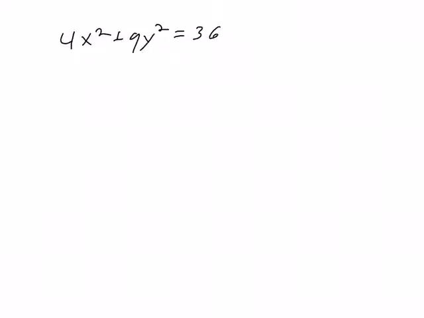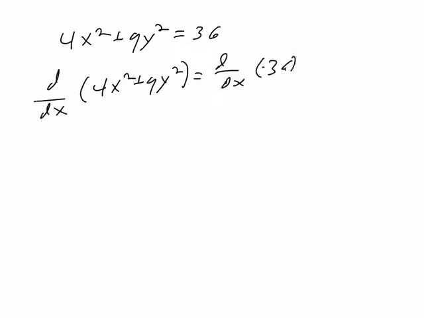So solving this with implicit differentiation, we get d over dx of 4x squared plus 9y squared is equal to d over dx 36, or in other words, 8x plus, and when we take d over dx of 9y squared, again, we can't really talk about this because that y is not in terms of x, so how do we take this derivative?